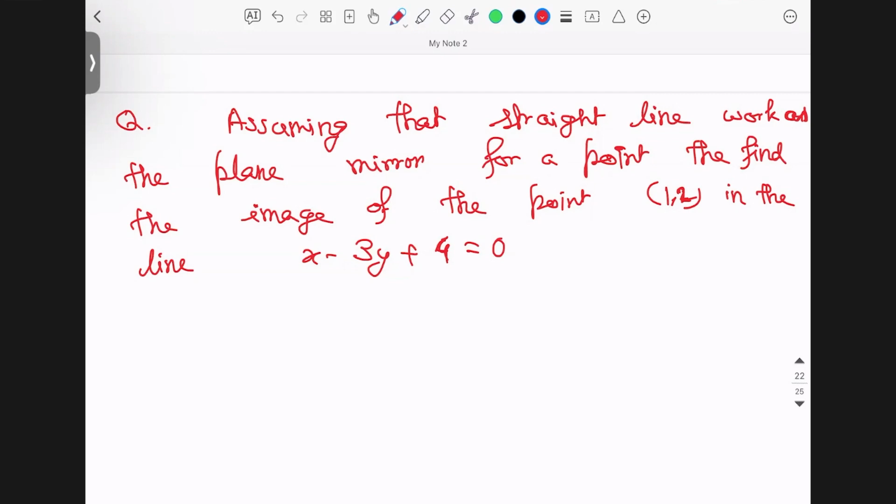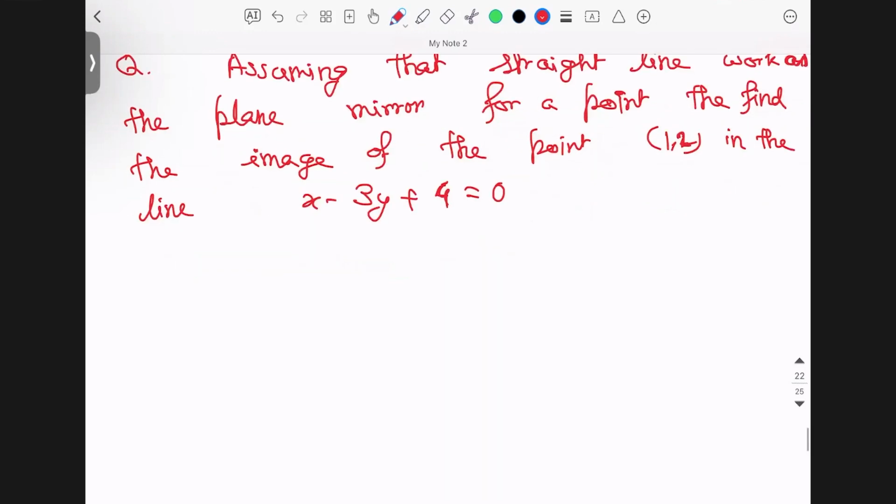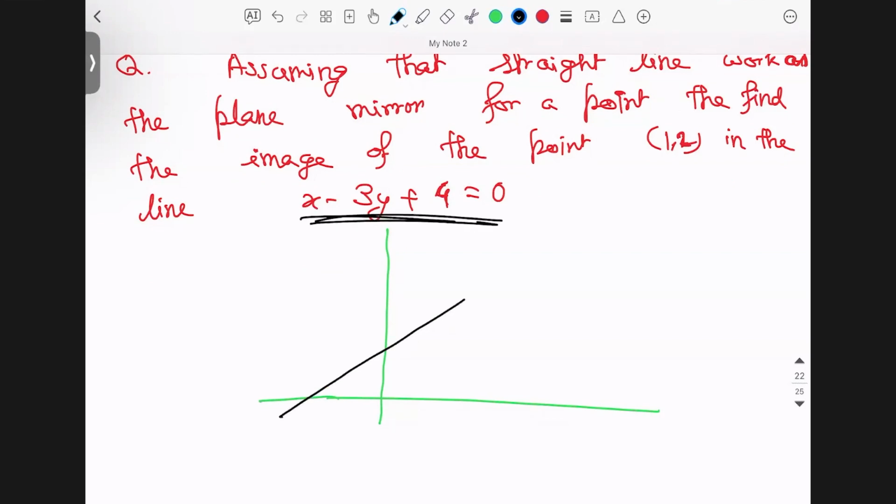So what this question is saying is that suppose this is our coordinate, and I am not drawing the exact equation of this straight line. So suppose this is our straight line. I'm not saying that this is the only equation of the straight line, because I haven't reduced it to the intercept form.